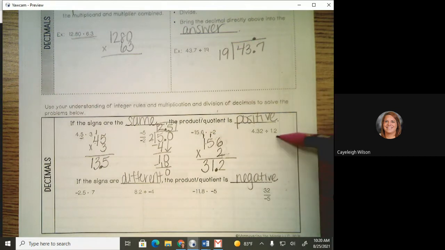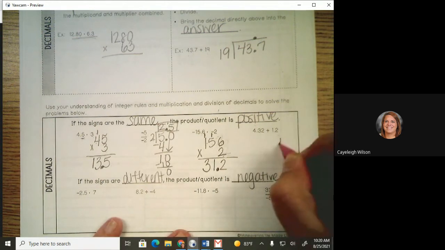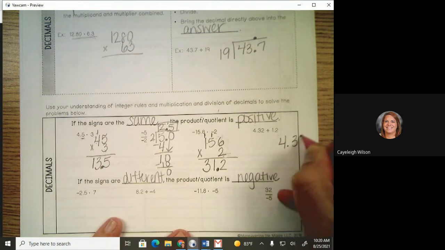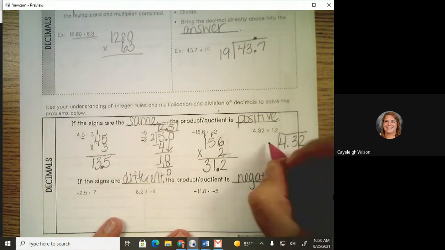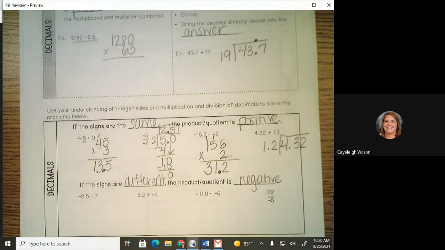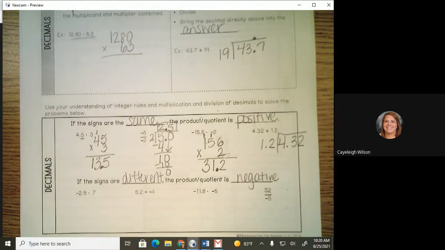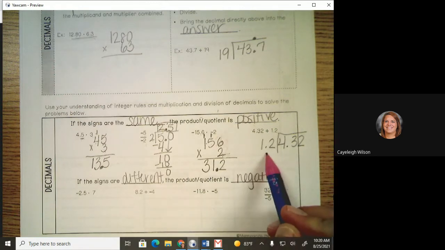Okay. So this next one, 4.32 divided by 1.2. I'm going to put that 4.32 in the little division house, and I'm going to put my 1.2 on the outside. Now, when you divide decimals, you do have to remove the decimal places on the outside of the house.